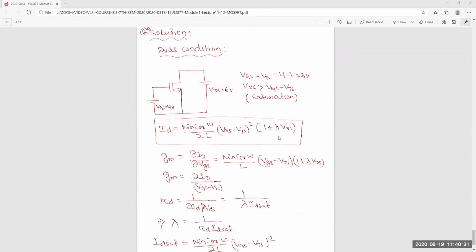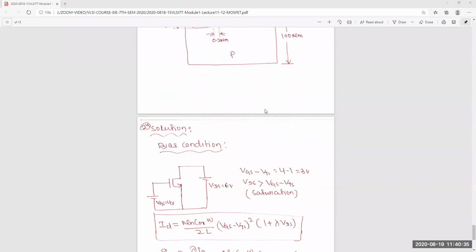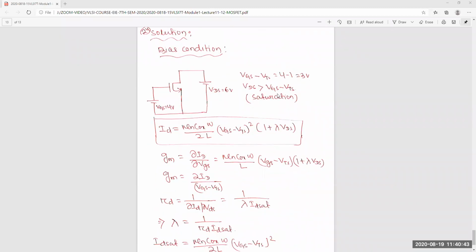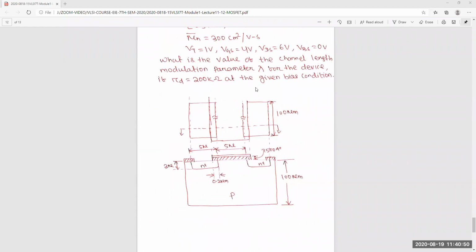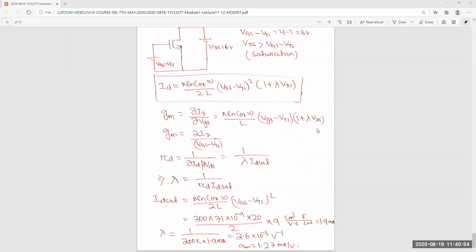ID. First calculate whether it is in saturation or not. Check whether Vds is greater than Vgs minus Vt. If it is, then you calculate the saturation ID using the saturation equation. Here you have to calculate lambda, the channel length modulation parameter.